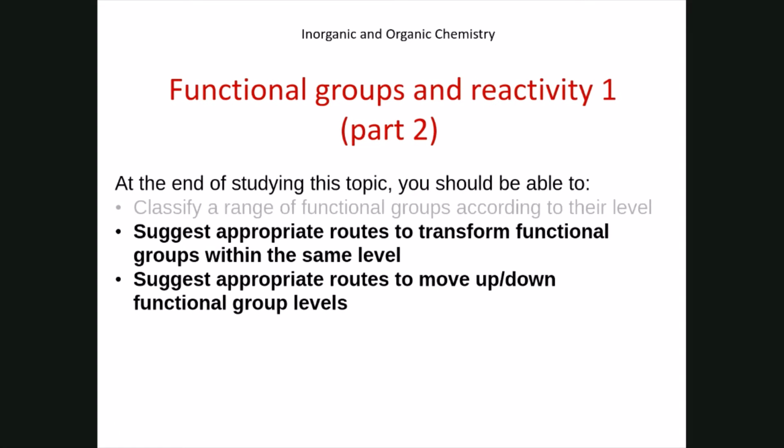The first part of the video focuses on classifying a range of functional groups according to their level, and we'll study different functional groups at levels 1, 2, 3, and 4. This video is going to be looking at the ways to transform functional groups within the same level, and also appropriate synthetic routes that will allow us to move up or down functional group levels.